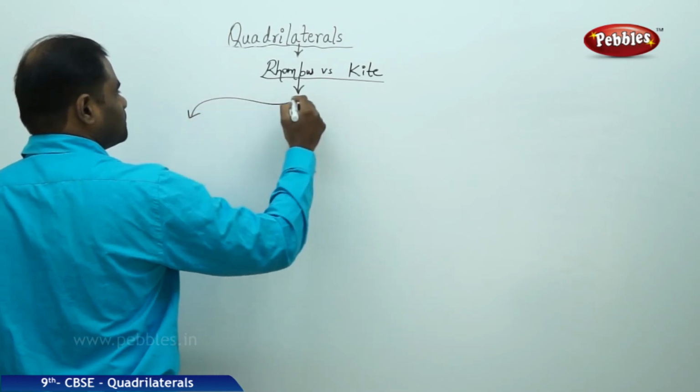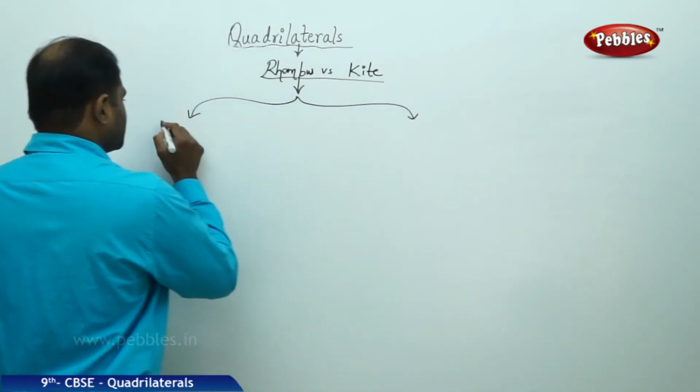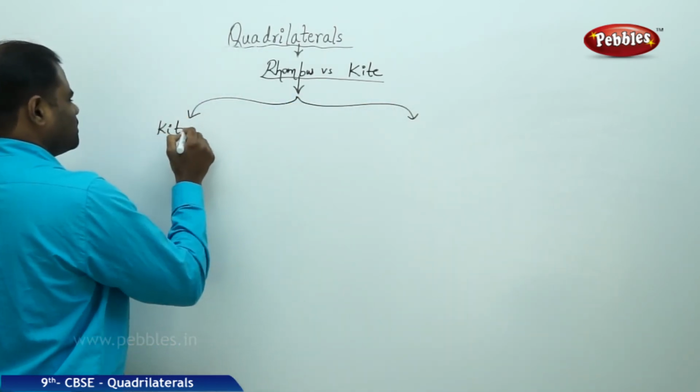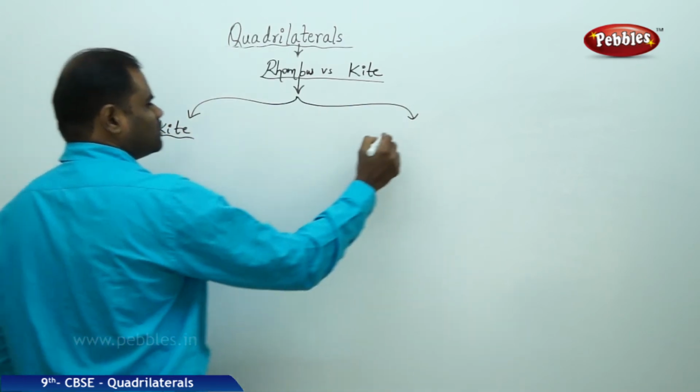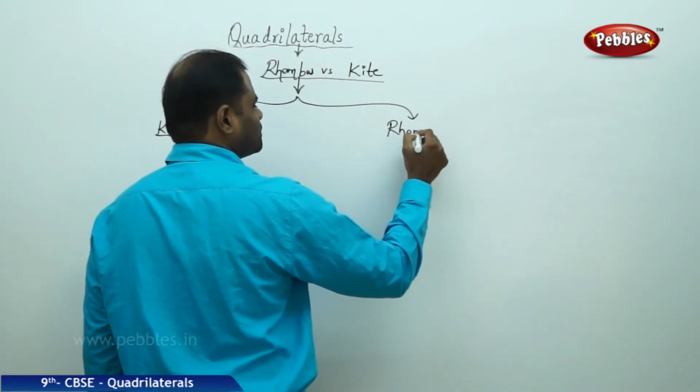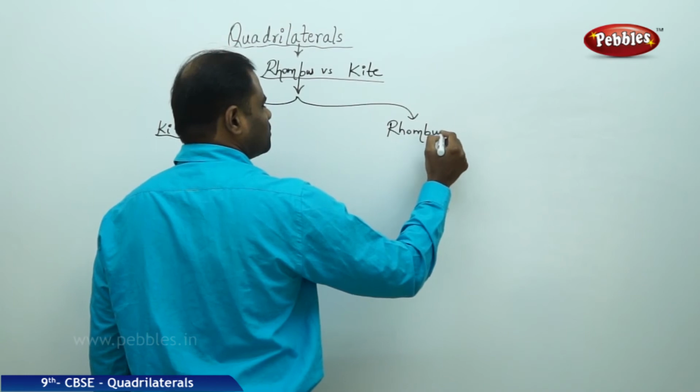Here, I take the case of a kite and I take the case of a rhombus.